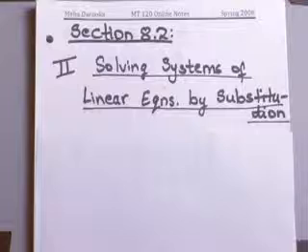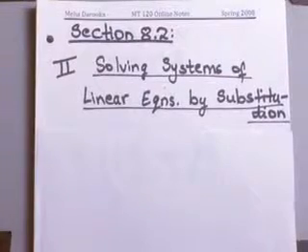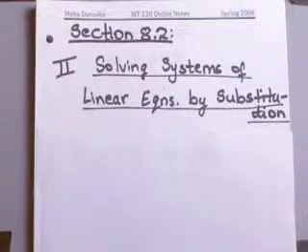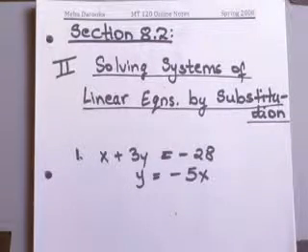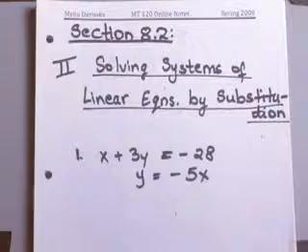This method is particularly useful where one equation is already solved or can be solved easily for one variable. What do I mean by that? Let's say we have two equations, x plus 3y equals negative 28 and y equals negative 5x.